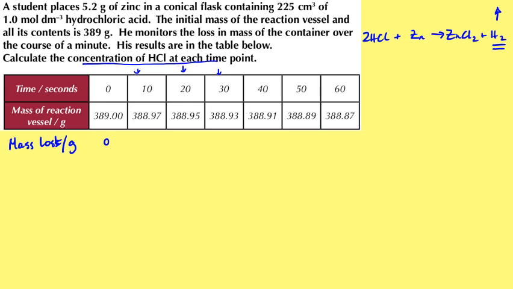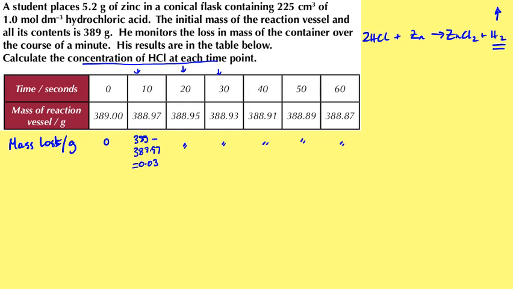So at 10 seconds we started off with 389.00, take 388.97, so we have lost 0.03 grams after 10 seconds. And you could do the same for each of the time points up to 60 seconds. So now we've got mass lost.